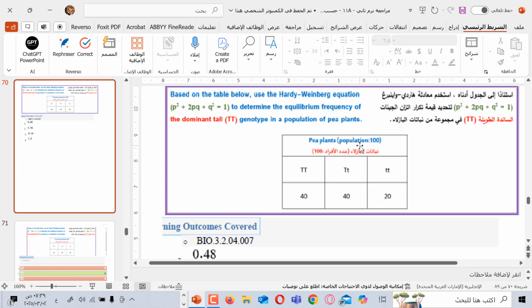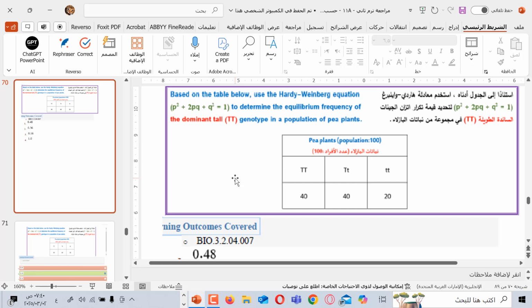But now I want to make the frequencies of T capital T capital, T capital T small, and T small T small. Okay, he wants the frequency to be squared.